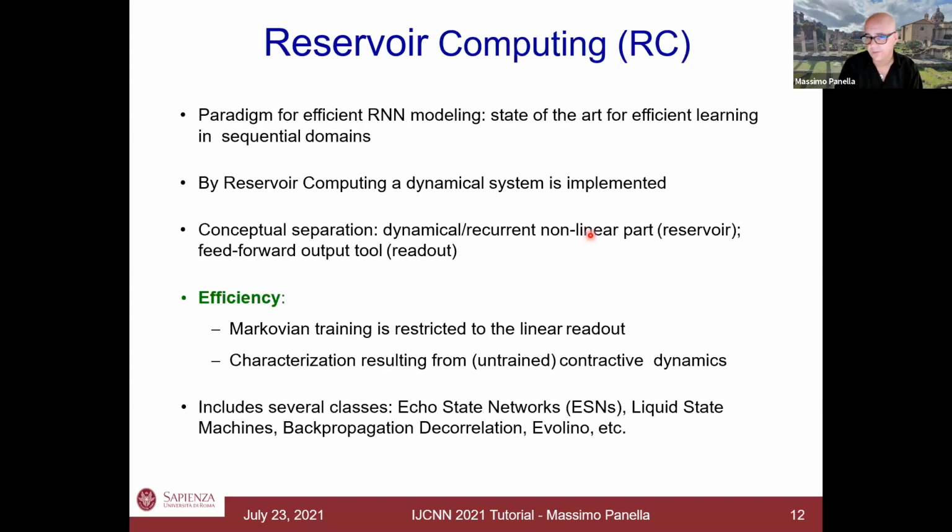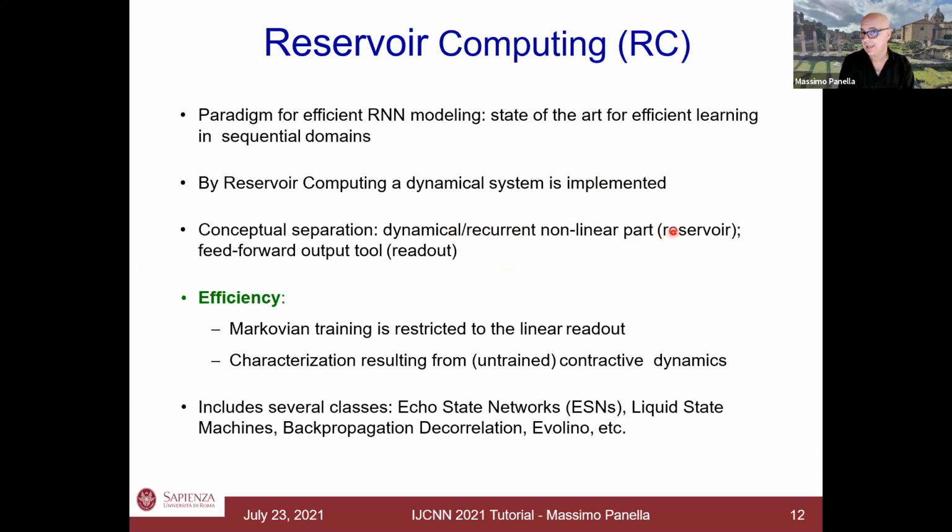Reservoir computing, in particular echo state networks, as I said, but also liquid state machine, backpropagation-decorrelation, Evolino, and many other ones are based on this assumption. So we have a dynamical recurrent nonlinear part, which is the reservoir, which implements the dynamical recurrent part.